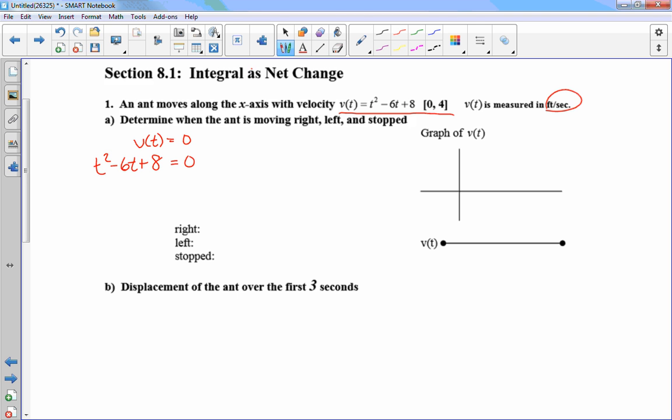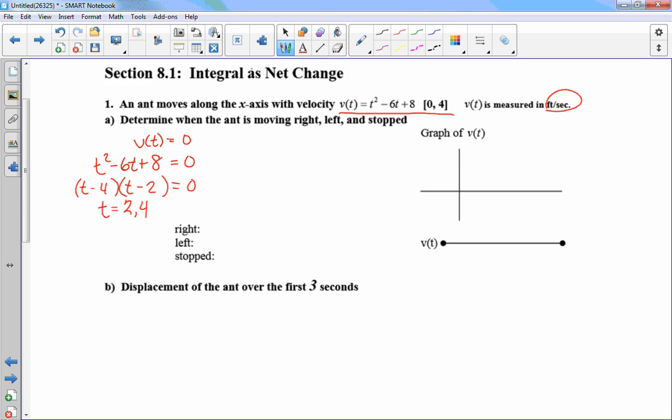And if it's not, it should be a factor rule. Two numbers are multiplied to get 8. Yeah, they have to be negative because they add to negative 6. So t minus 4, t minus 2 equals 0. So our x-intercepts are both at t equals positive 2 and positive 4 using the zero property.